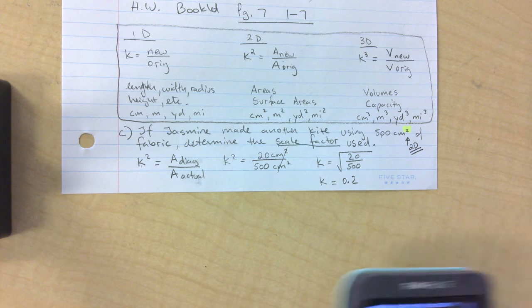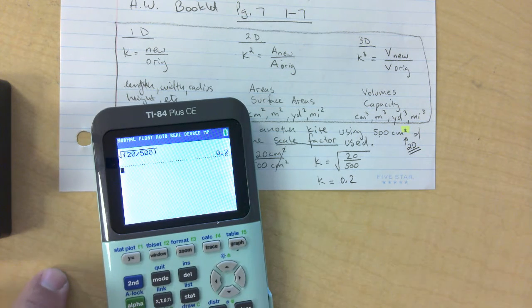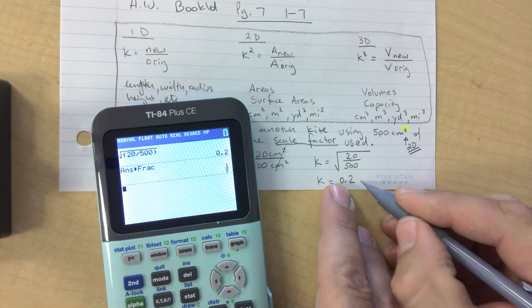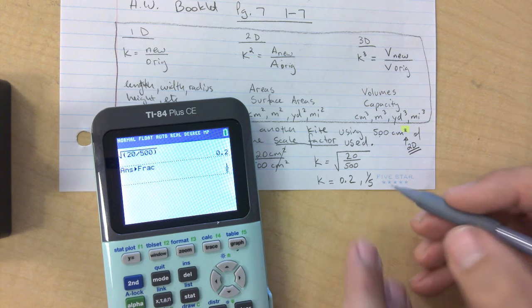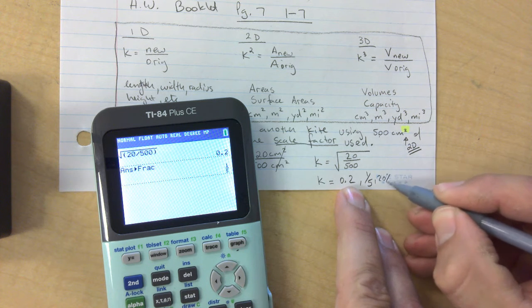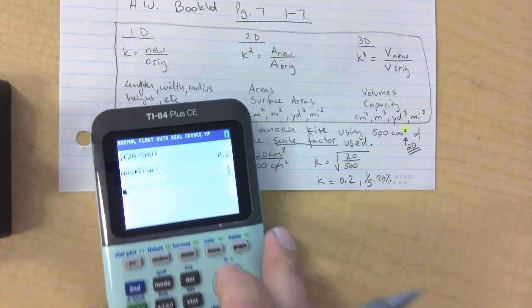And if I asked you to state this as a fraction, how would you do that? Either you know it's 1 over 5, or math, fraction, and then you get it as 1 over 5. Or 20%. You should be able to state it in any format that I ask you.